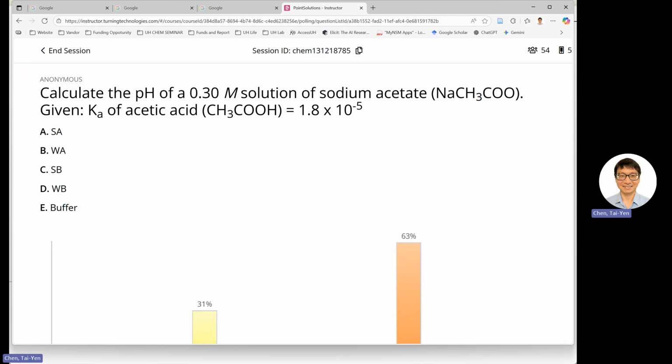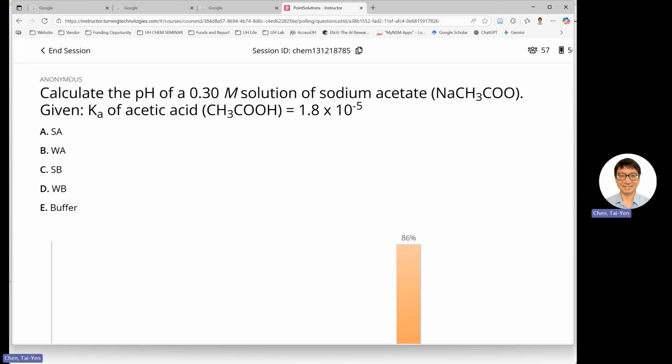The majority actually selected B, which is weak acid, and that is wrong. If you select weak acid, you are cooked. Completely. I mean, you have no chance. I'm very serious about these things because you should be. If you don't know what solution you have, you don't know how to calculate it.